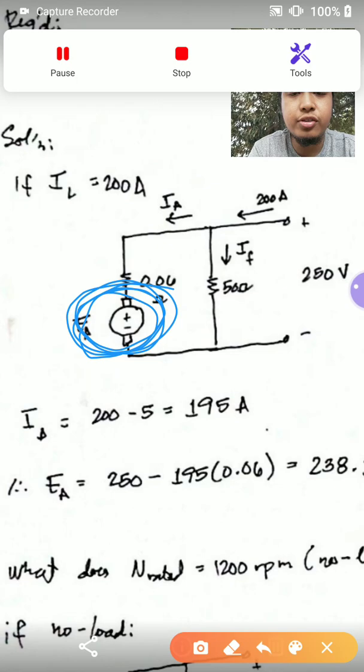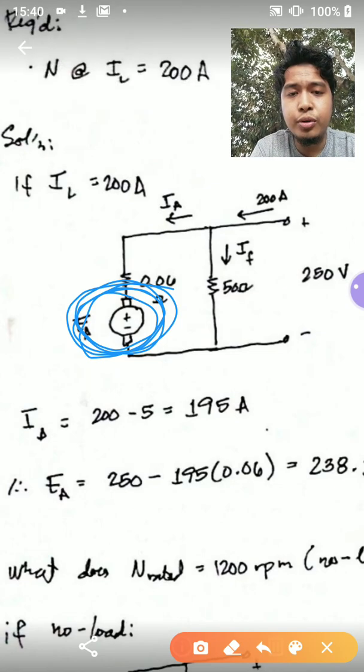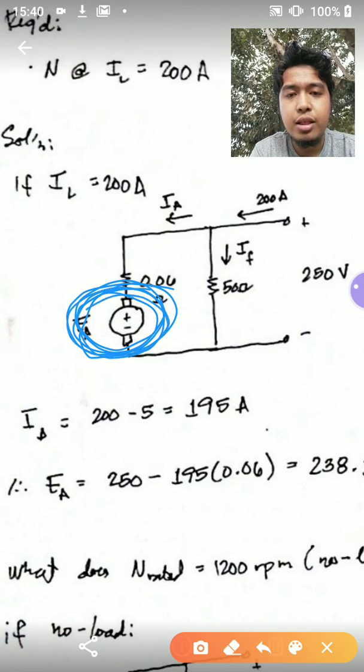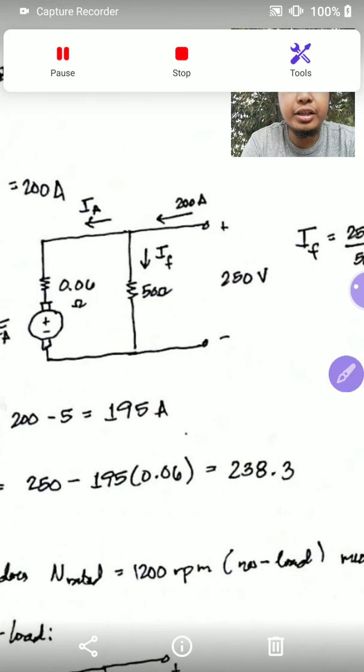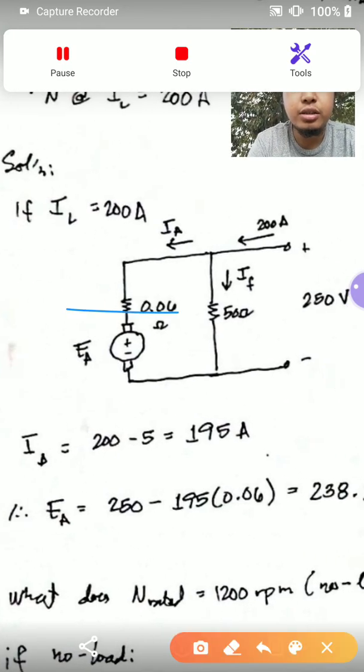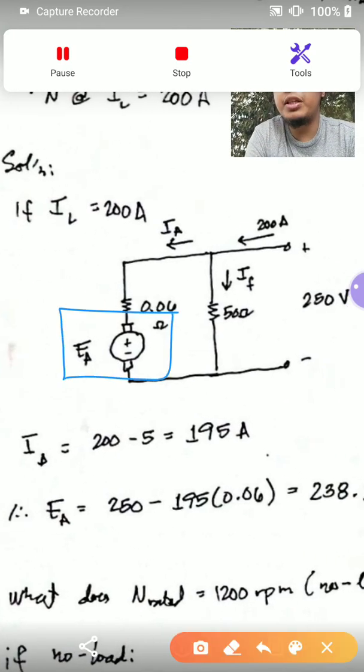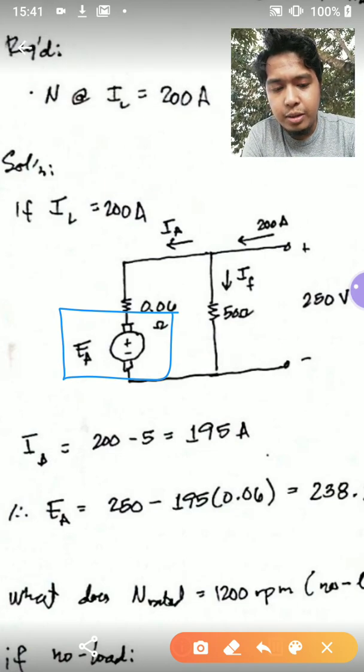Of course, that is after you subtract the mechanical power, because the power here is the power developed at the armature. So you subtract the mechanical power, that's 50 horsepower.